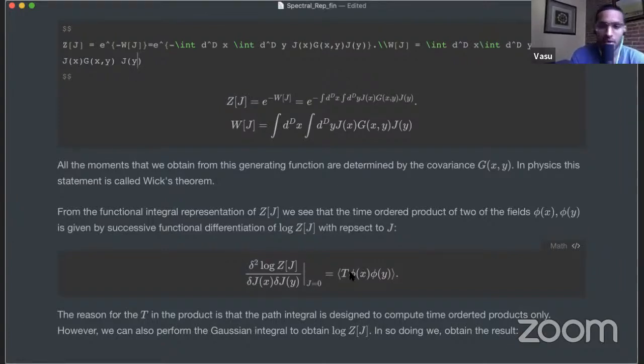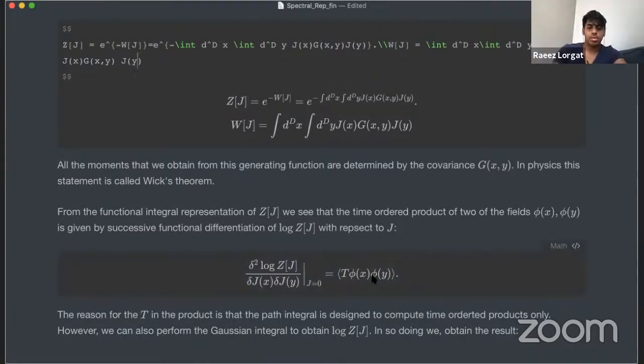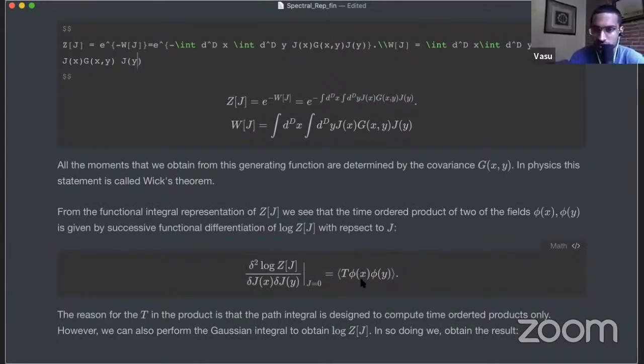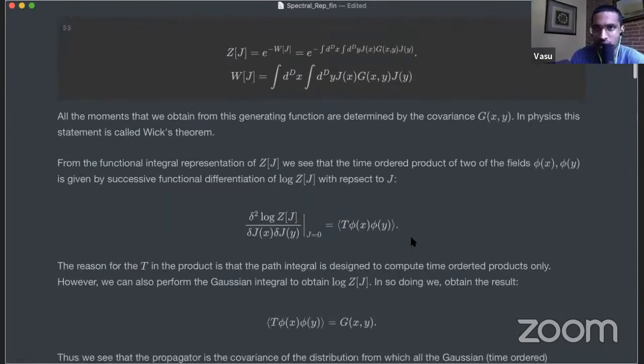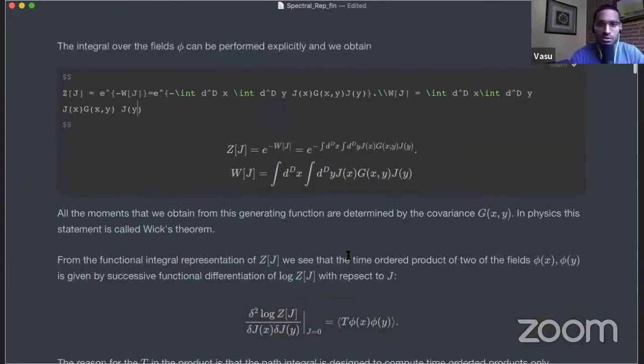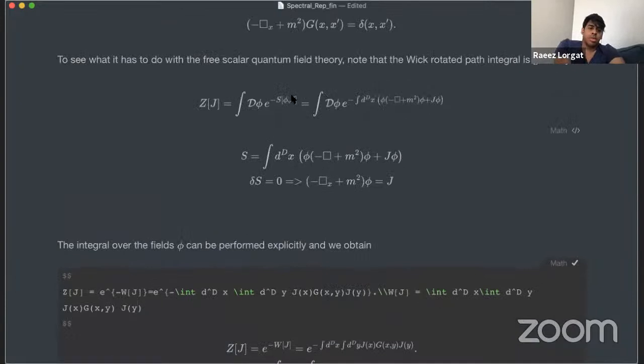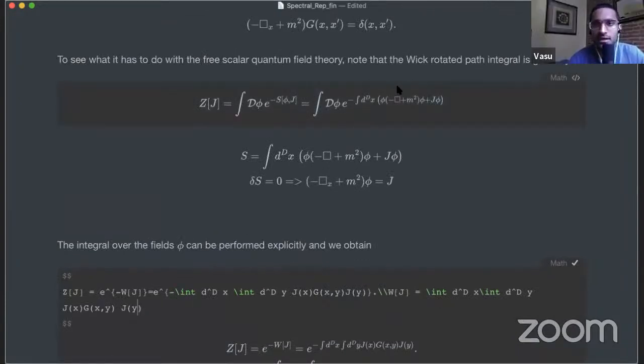Right. Now, I should explain what this T is doing here. This T stands for time ordering. It basically puts x to the future of y. And the reason why it appears here is that the path integral by default time orders correlation functions.